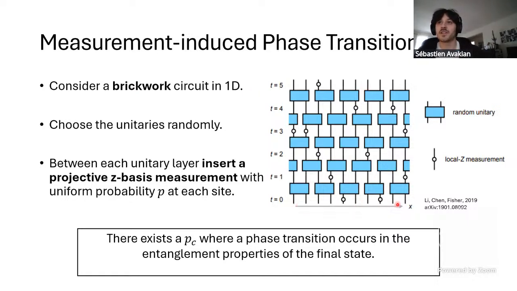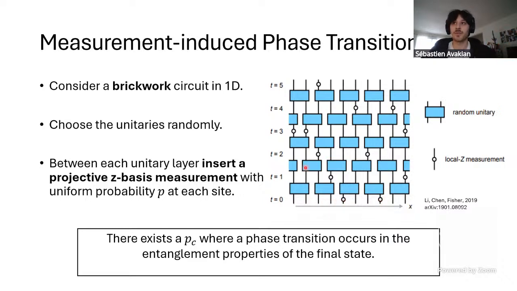Now the spins are aligned with the horizontal axis, and on the vertical axis we have time going upwards. We apply unitaries in a brickwork fashion, and between each of the unitary layers, we will throw in projective measurements. Each projective measurement can occur on any site between the unitary layers with some probability P.